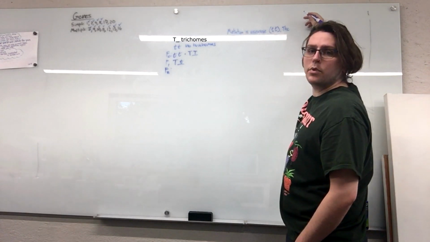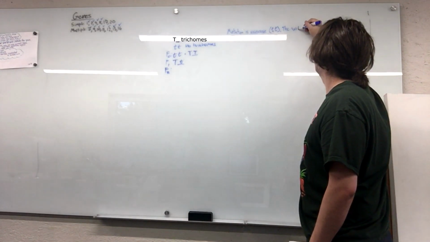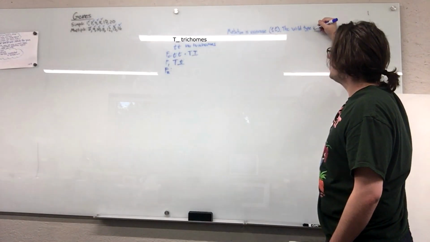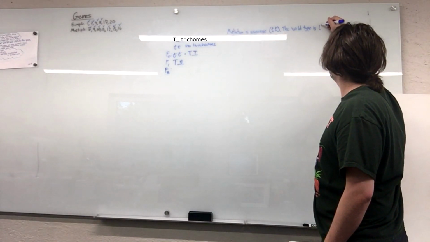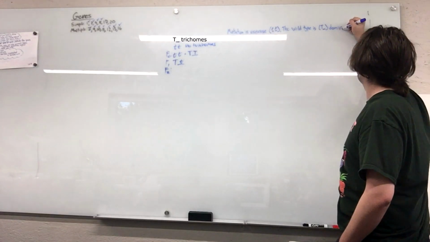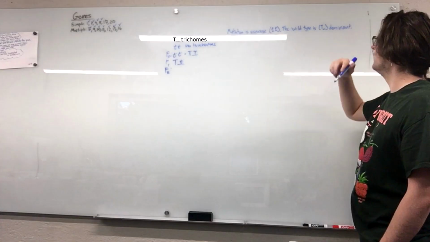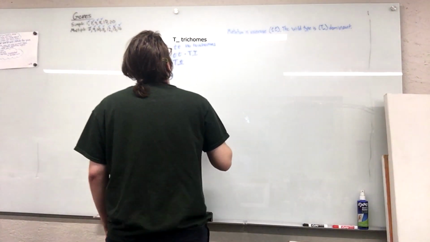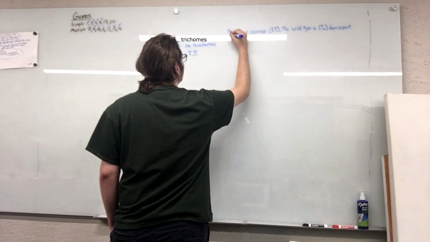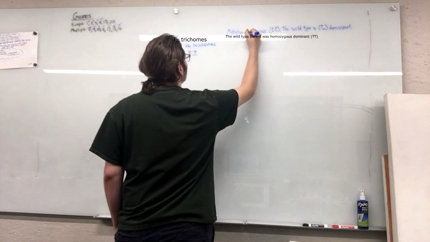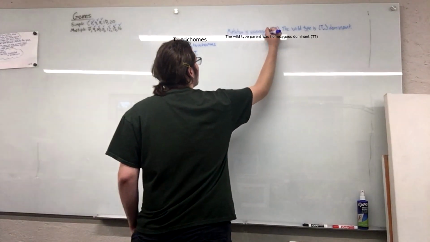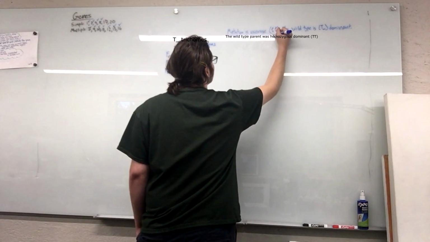The wild type is dominant, so big T. And the wild type parent was homozygous dominant.